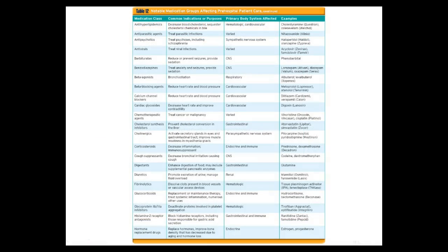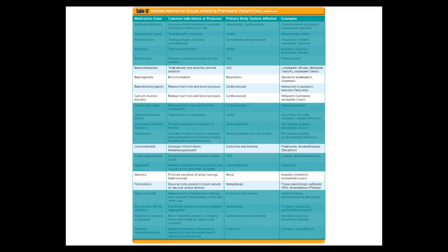Next part of Table 12 is pretty large, but again, thankfully, not all of these medication classes are ones that we need to know in a great deal of detail. Here are the ones that we do actually need to address in emergency pharmacology. If we go back up to, say, antipsychotics, which is the third one down here, Haldol.